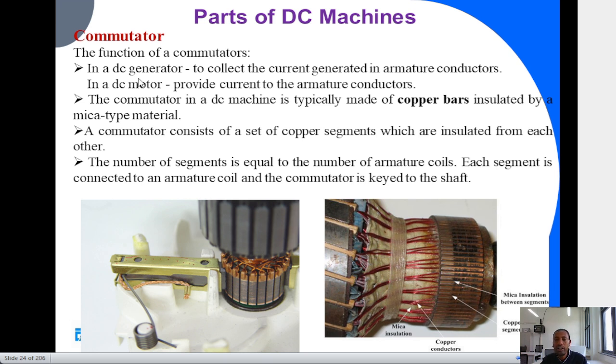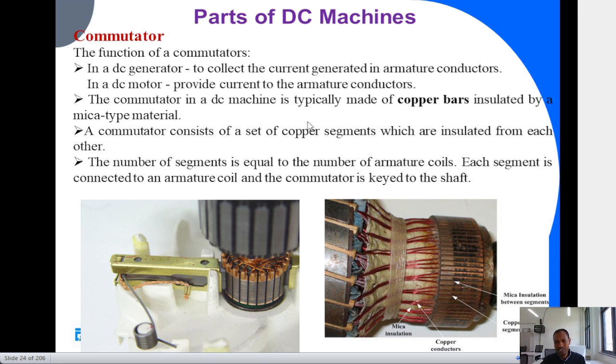As you know, mechanical energy is converted into electrical energy, and that electrical energy produced inside the machine is collected and given to the load through this commutator. So its purpose is to collect the generated current. And when you come to the motor, the commutator's function is to provide current to the armature conductor. The signal is coming, obviously, from the supply, so that supply is impressed into the armature through the commutator.